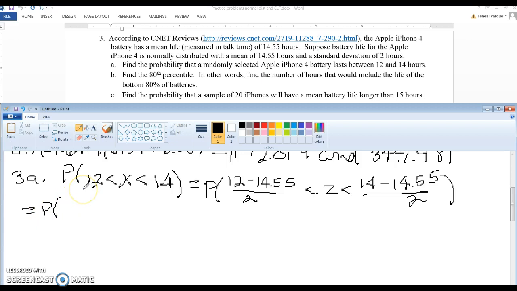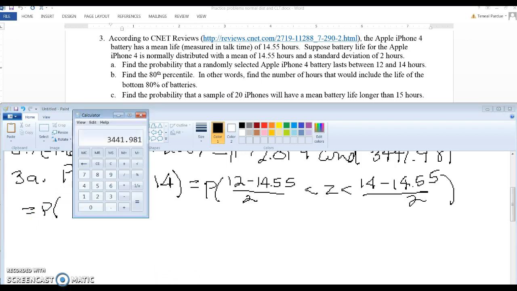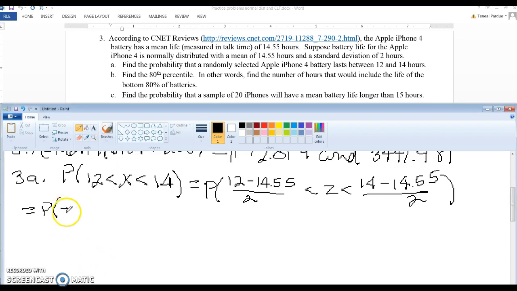And that's the probability that z is between these two values. So 12 minus 14.55 divided by 2. So that's negative 1.275.